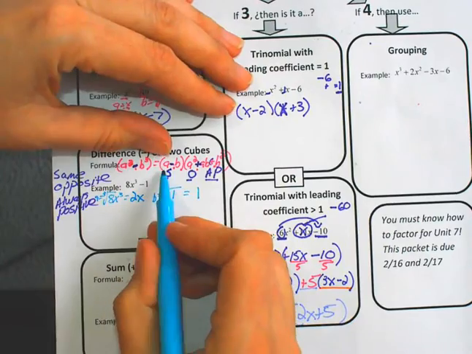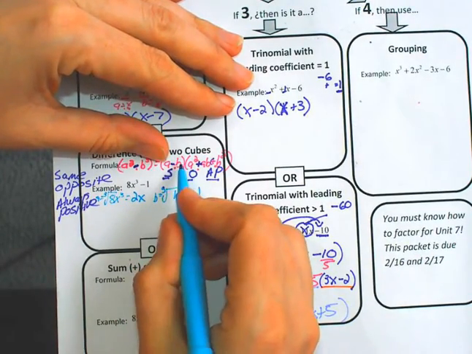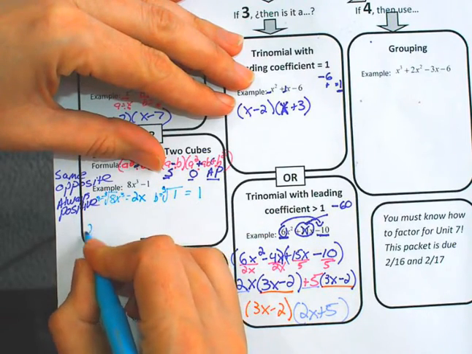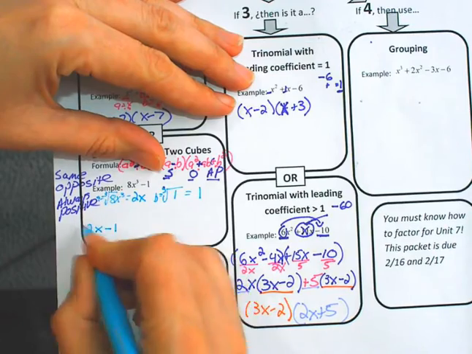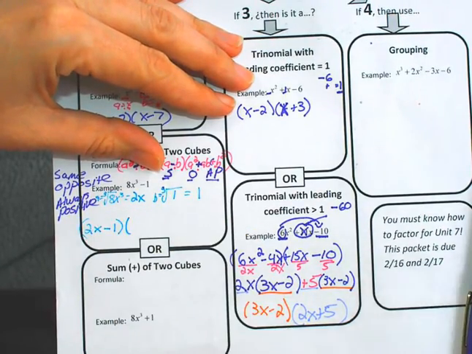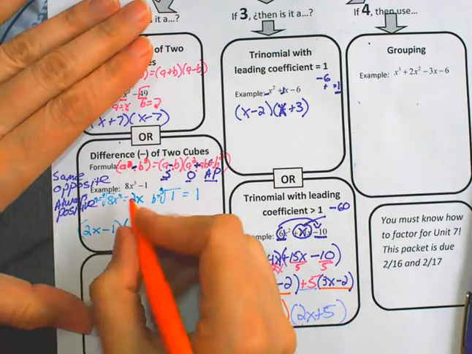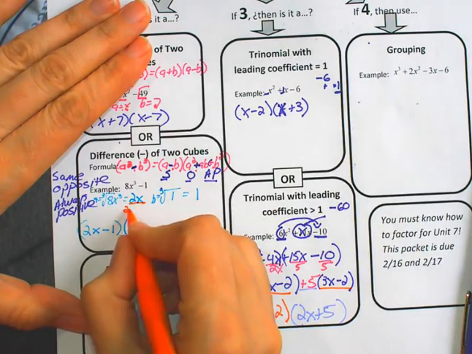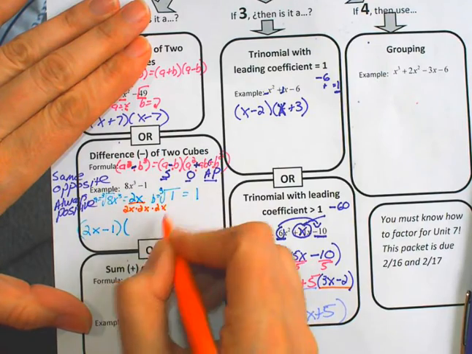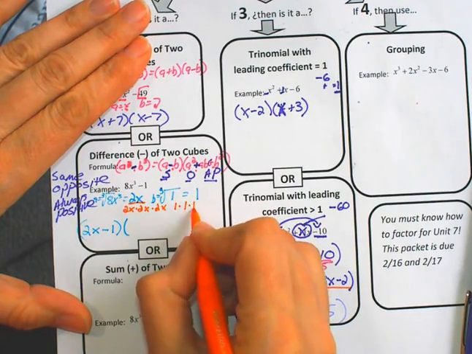Now I can substitute in here. There's a little trick here. It's a minus b because it's the same sign, so 2x minus 1. That's where you have to start. You just have to remember that. For the next part, I have a little trick. Because it's cubed, you're going to write your a 3 times: 2x, 2x, 2x. And then you're going to write your b 3 times: 1, 1, 1.